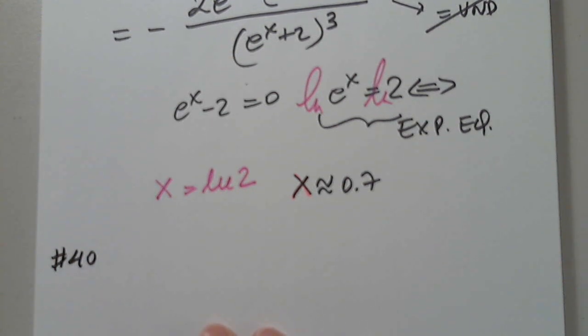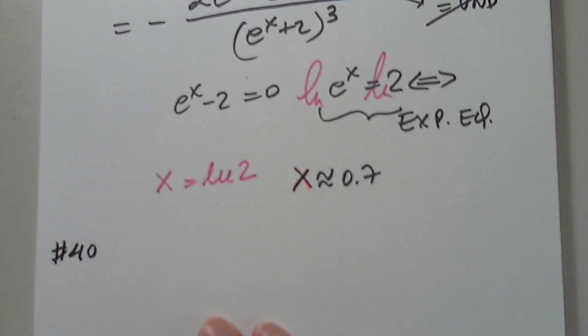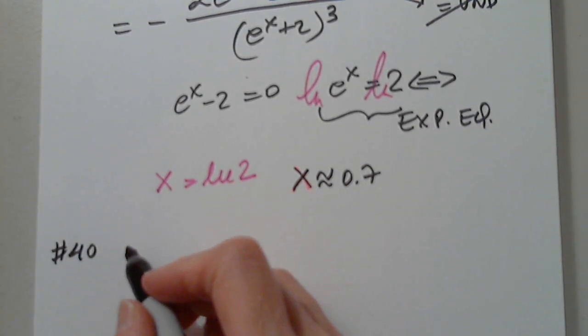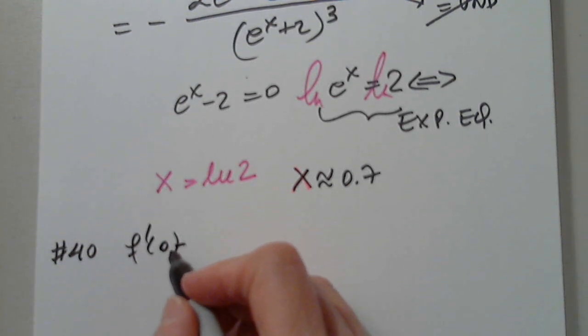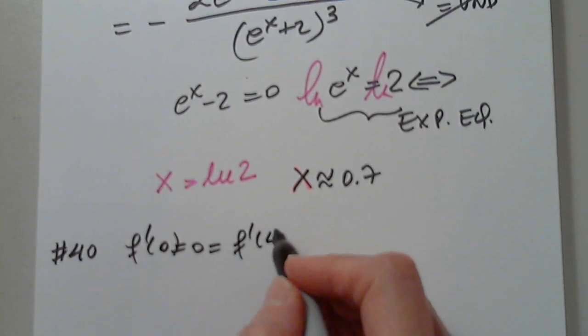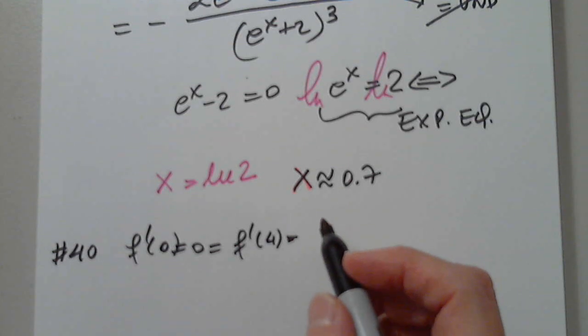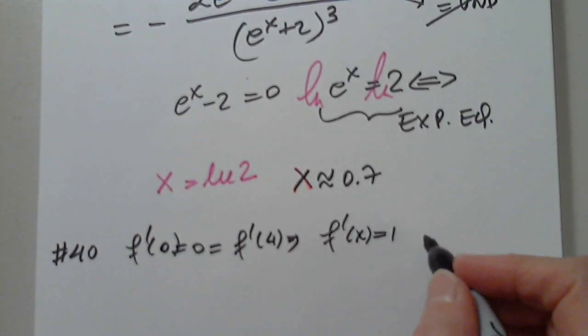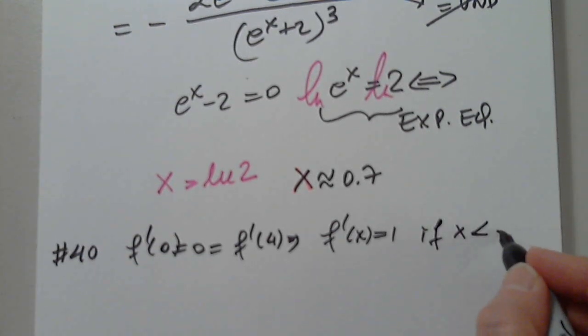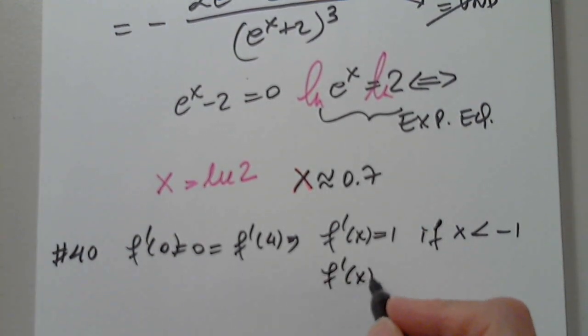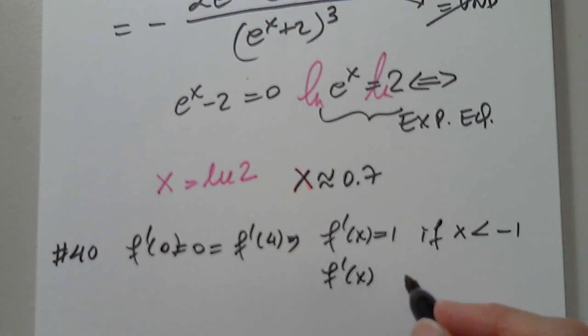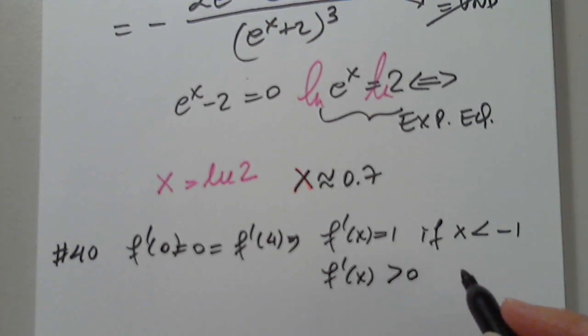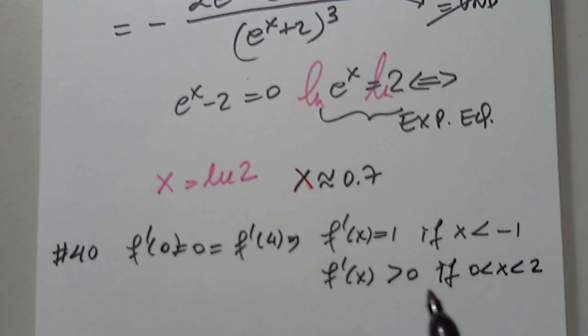And keep an eye on what I'm writing because, as you know, the computer is so far away from me, or I can copy it from the book. I have the book here. So f prime of 0 is 0 and equals f prime of 4. Then we have f prime of x is greater than 0 if x is less than -1, for 0 less than x less than 2.